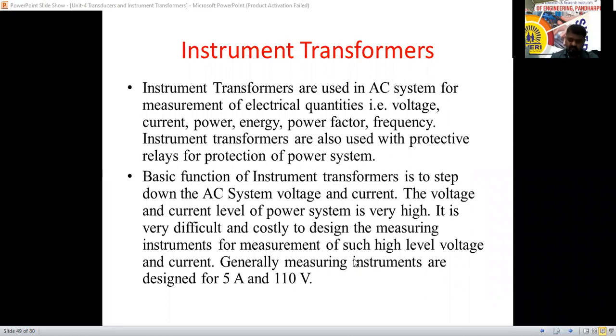For the measurement we are going to bring the high level to low: higher voltage to lower voltage, higher current to lower current. For example, the current we can bring up to 5 ampere, or 1 ampere also. Whatever the 220 kV, 400 kV voltages, we are going to bring down to nearly 110 volts.